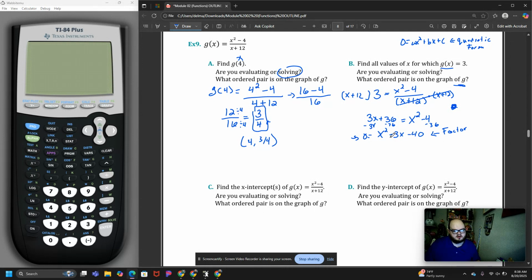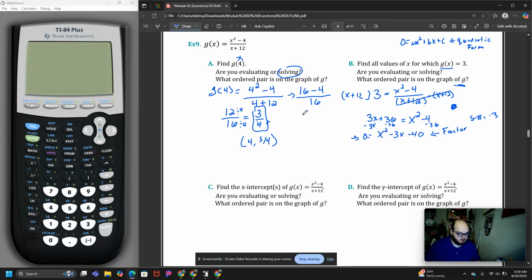So let's think of the factors of 40 that'll also get me 3. It ends up being 5 and 8, right? Because 5 times 8 is 40. And 5 minus 8 is the negative 3. And 5 times negative 8 is negative 40.